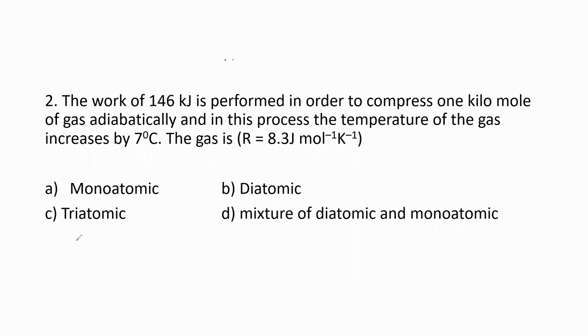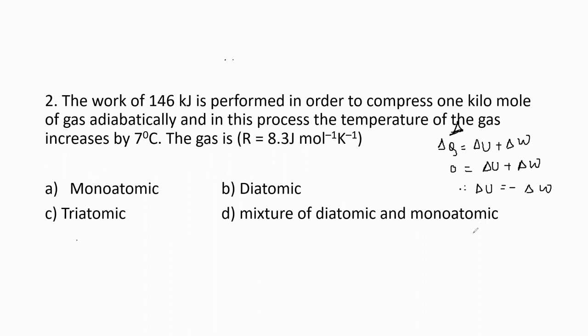So whether the molecule is monoatomic, diatomic, triatomic, or a mixture of mono and diatomic, let us see here. According to our first law of thermodynamics, we can write delta Q is equal to delta U plus delta W. As it is specified, it is an adiabatic process, so delta Q will be 0, which is equal to delta U plus delta W. Therefore, delta U is equal to minus delta W. So what is the value of delta U?